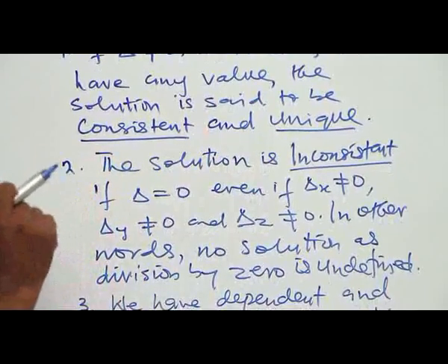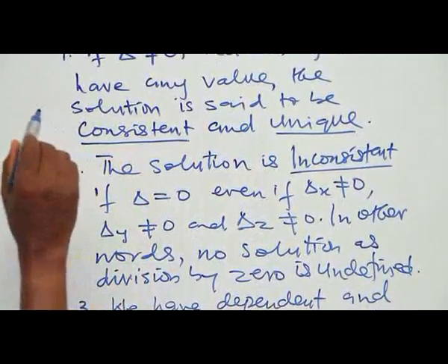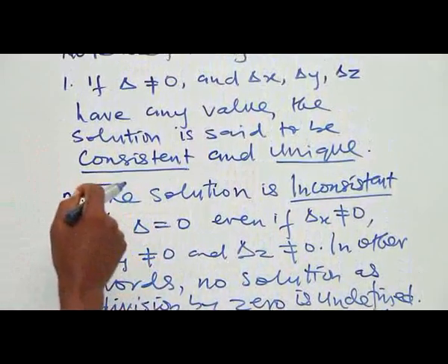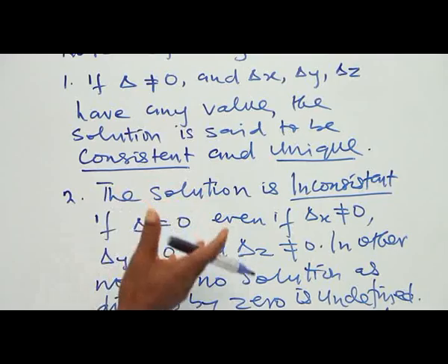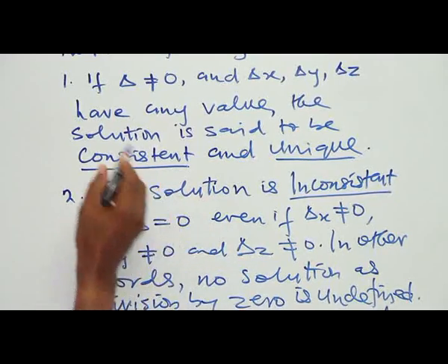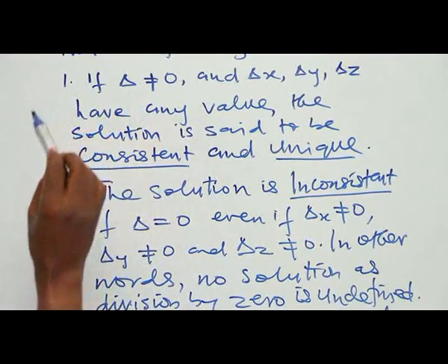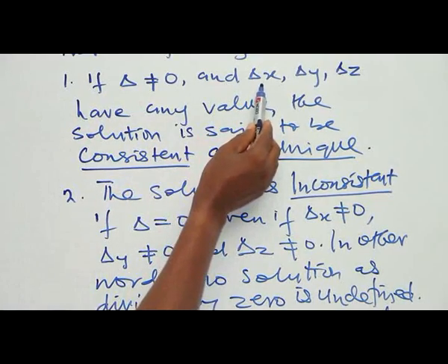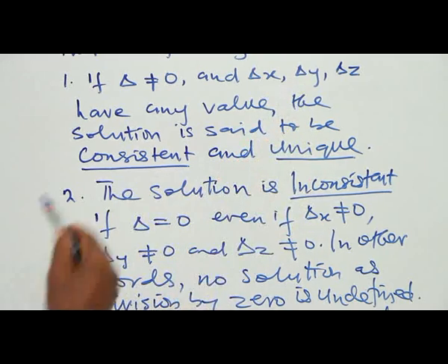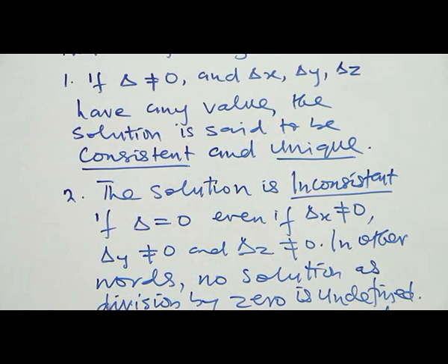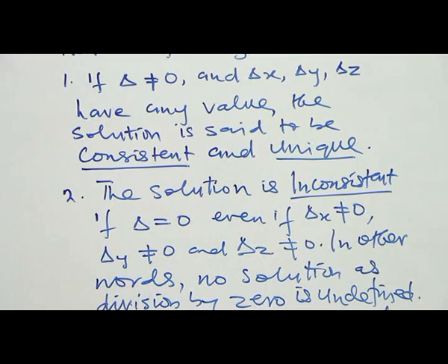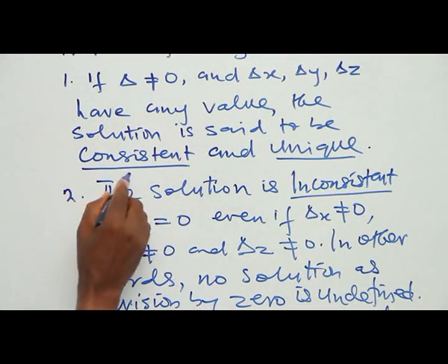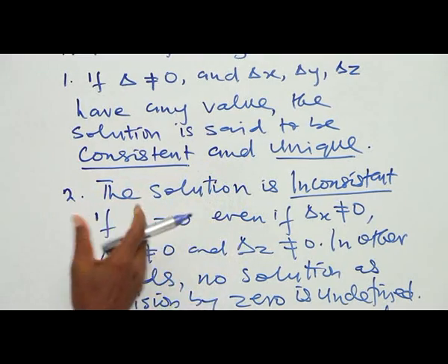In other words, what we are saying here is that when you are solving a simultaneous equation involving 3 variables or more than 2 variables, you have a situation where you have to find the determinant. If the determinant is not equal to 0, and of course, these values of delta x, delta y, delta z have a value, it could be 0, it could be 1, it could be 3, it could be any number, then the solution you get is said to be consistent and unique.